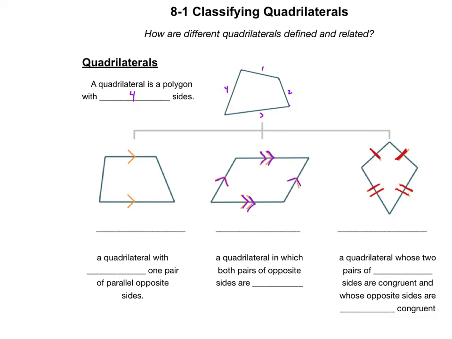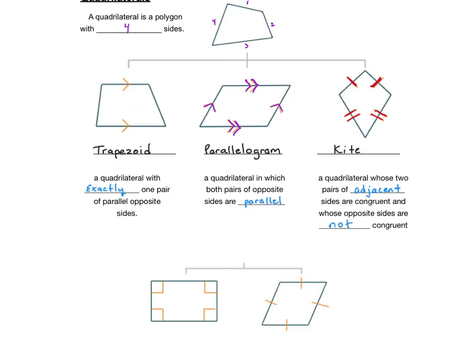So these are our first three items. Again, our trapezoid has exactly one pair of parallel opposite sides. In the parallelogram, both pairs of opposite sides are parallel, and in my kite, the adjacent sides are congruent, but opposite sides will not be parallel.